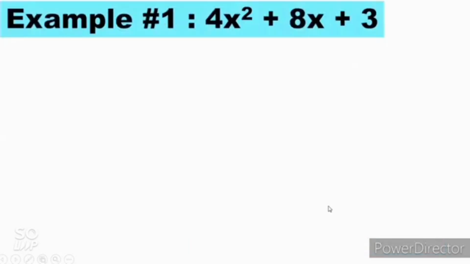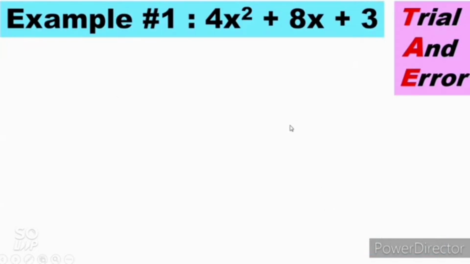Okay, so ngayon naman tuturo ko sa inyo yung trial and error method. Using the given 4x squared plus 8x plus 3, okay, pa-factor natin siya gamit ang trial and error method. Okay, so the first step, since 4x squared plus 8x plus 3 is quadratic, magkakaroon tayo ng dalawang factors, which is dalawang binomial factors.